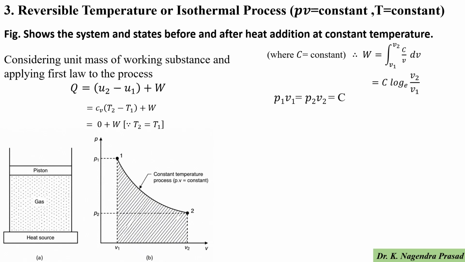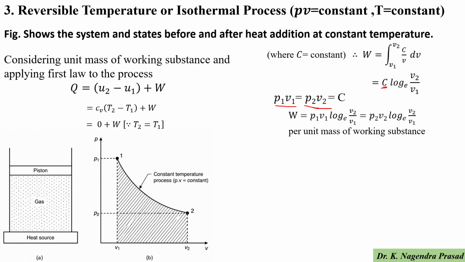Then we know the relation PV equal to the constant, so P1 V1 equals P2 V2 equals the constant. We know the work done equals C into log base e V2 divided by V1. Here C can be written as P1 V1 or P2 V2. If we consider P1 V1, then W equals P1 V1 log of V2 by V1.